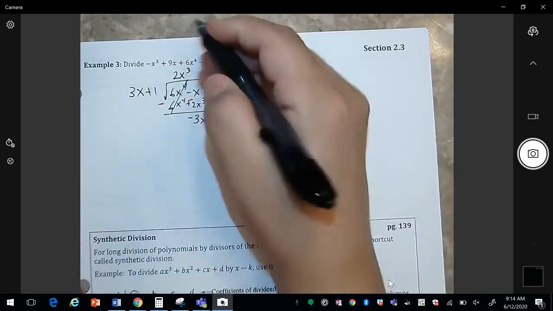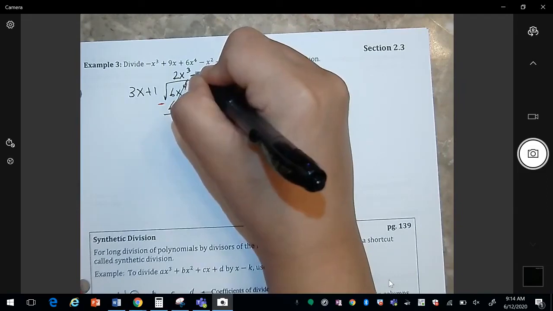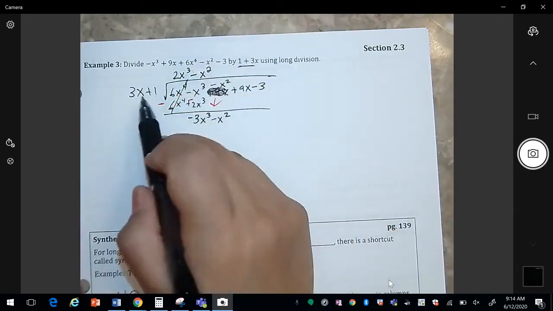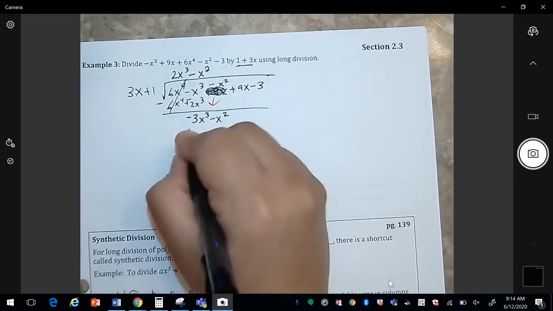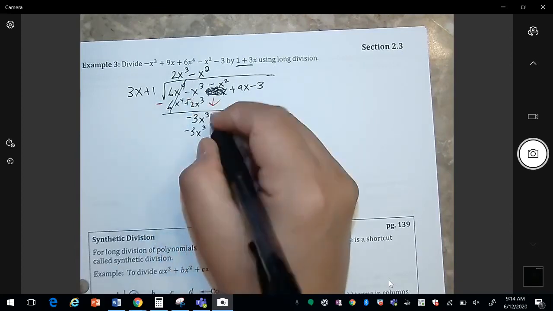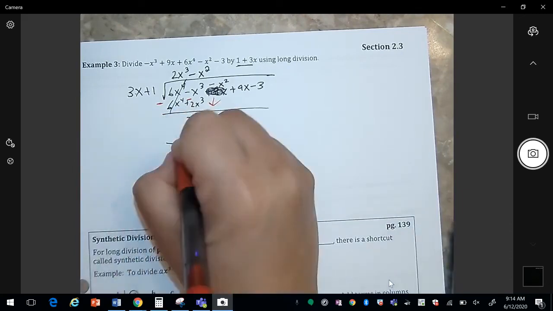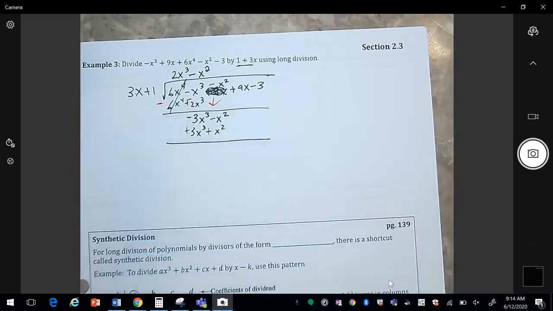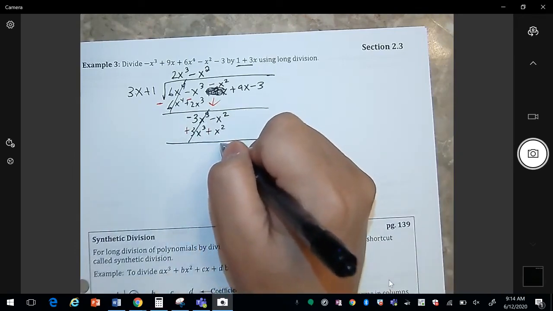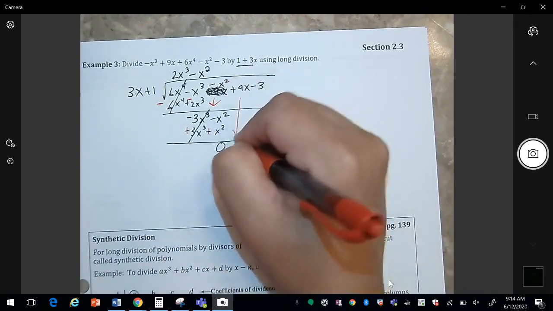That's going to be negative x squared. So 3x times negative x squared is negative 3x cubed, and 1 times negative x squared is negative x squared. Change the signs. So we cancel here, and this will become 0. And so we bring down the 9x.